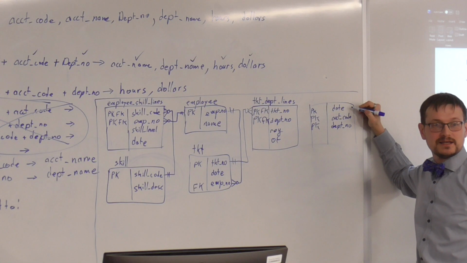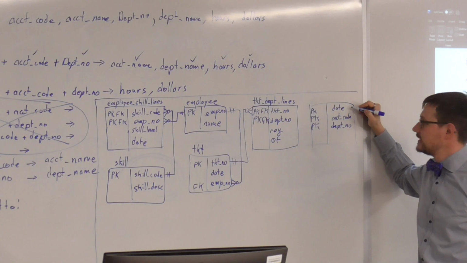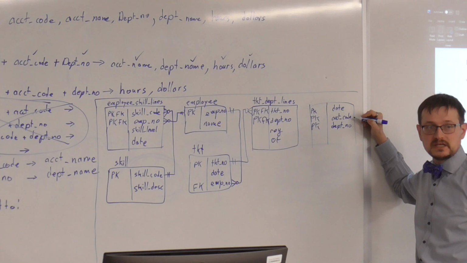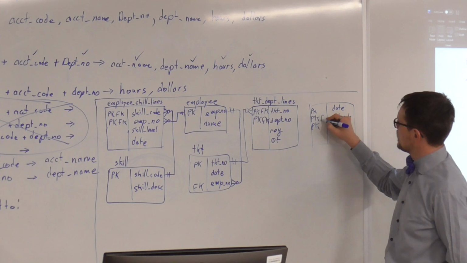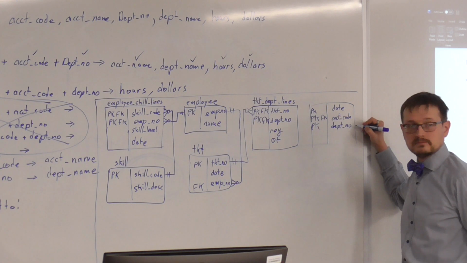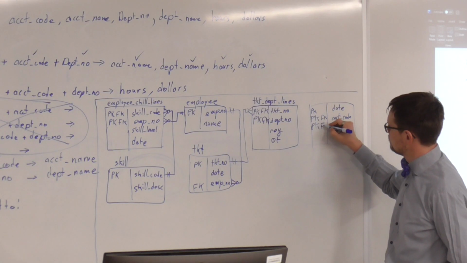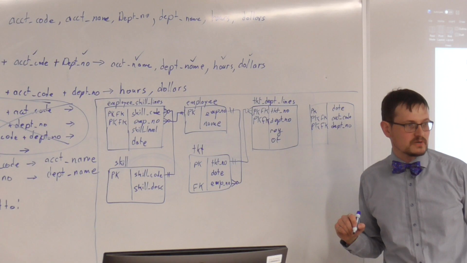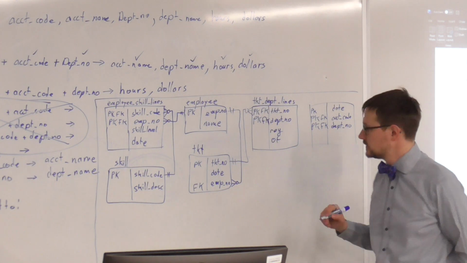Ticket number. Well, how about account code? Is that a foreign key? Yes. What about department number? Yes. So date doesn't have a table, so it can't be a foreign key.